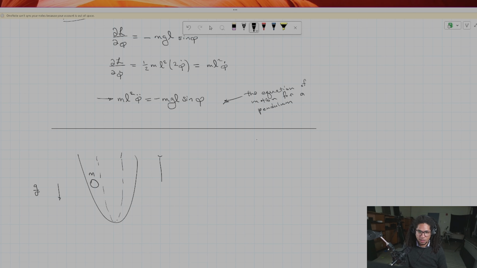So we'll make this the z direction, and these can be the x and y directions, but let's work in cylindrical coordinates instead of Cartesian coordinates.